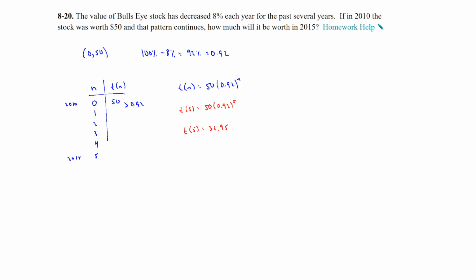And it is 954, but we'll round because we are talking about money to $32.95. So in 2015, the bullseye stock is predicted, because if the pattern continues, so I don't want to say will, I'll say is predicted to be $32.95.